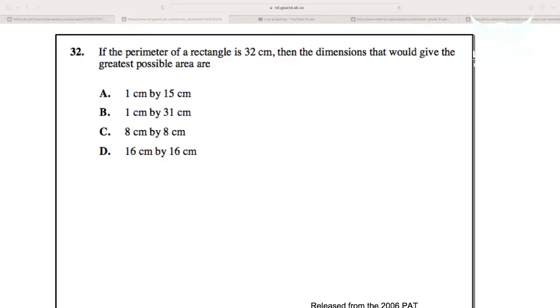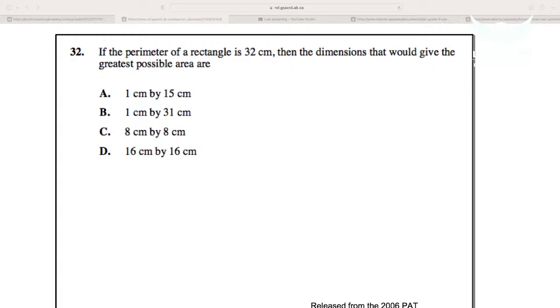So the greatest possible areas: 1 times 15 is 15, 1 times 31 is 31, 8 times 8 is 64, and 16 by 16 is 256. But with 16 by 16, the perimeter is not going to be 32, right?